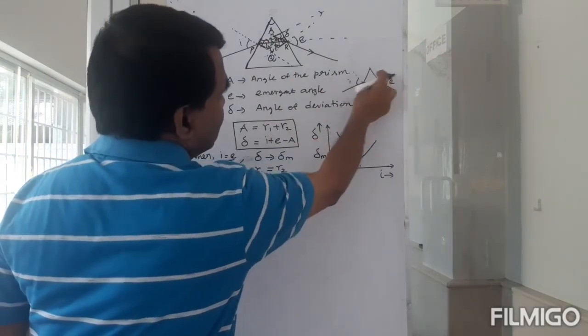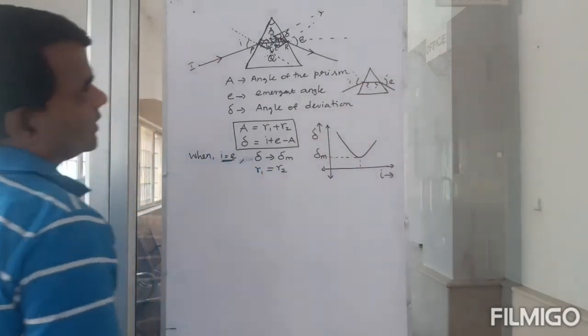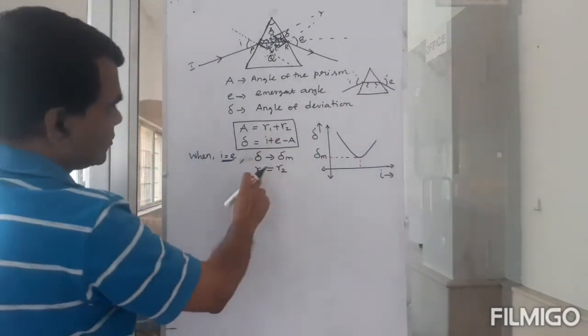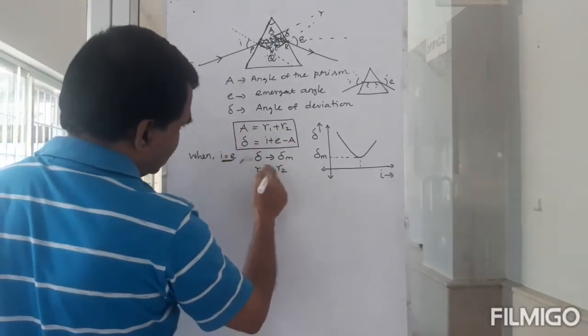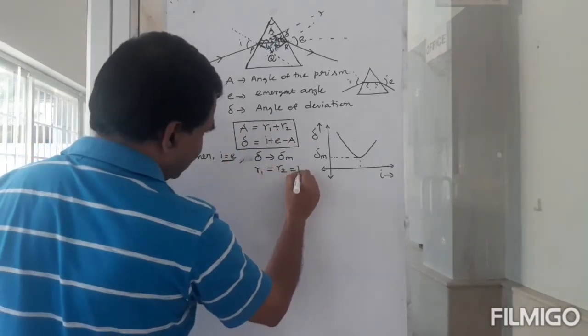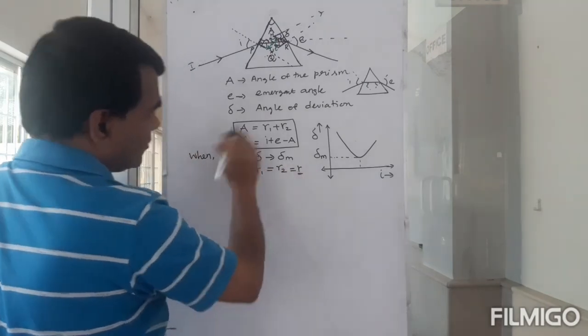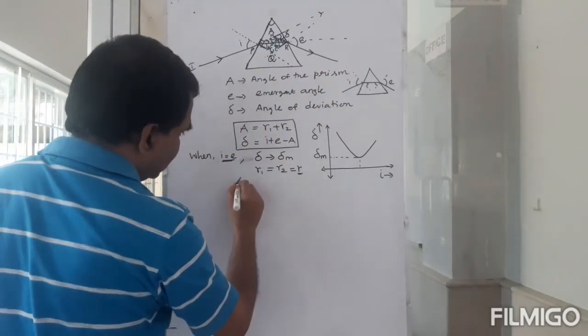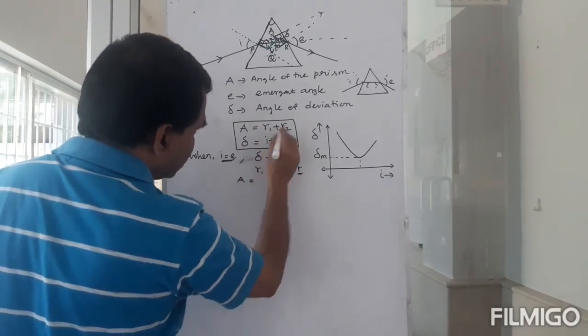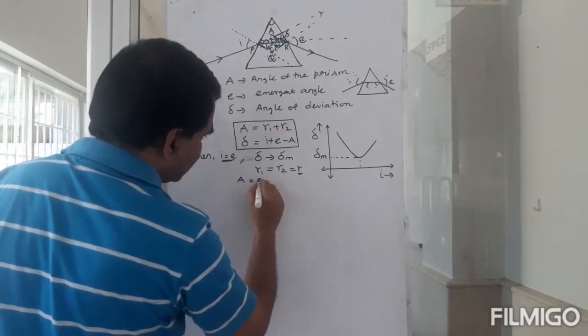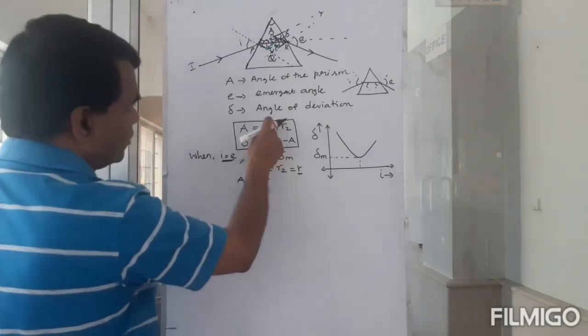This angle is the same as this angle, so this angle must be the same as that angle. So it will be parallel. R1 is equal to R2. So what happened to A now? R1 is equal to R2 is equal to some R. Okay? Some R. So A becomes R1 plus R2, which will become 2R. A will become 2R.